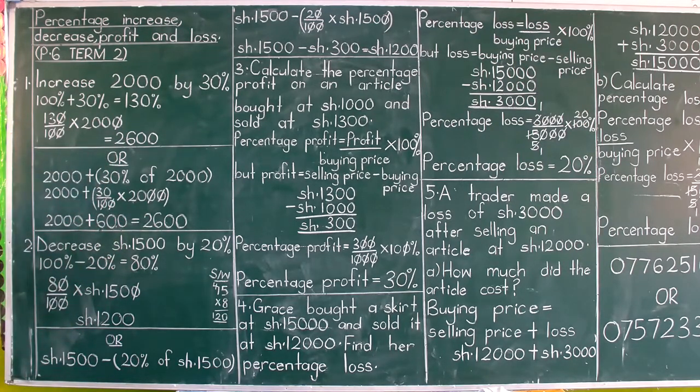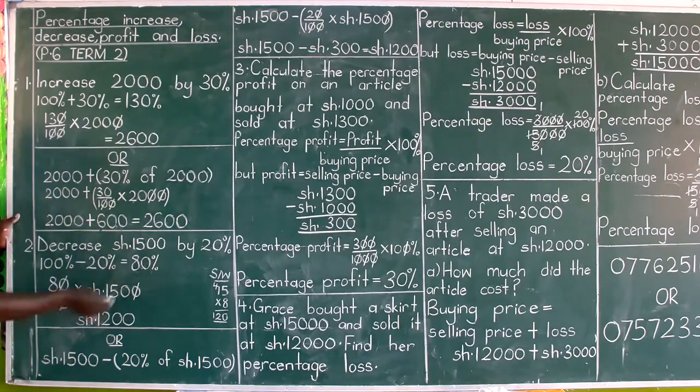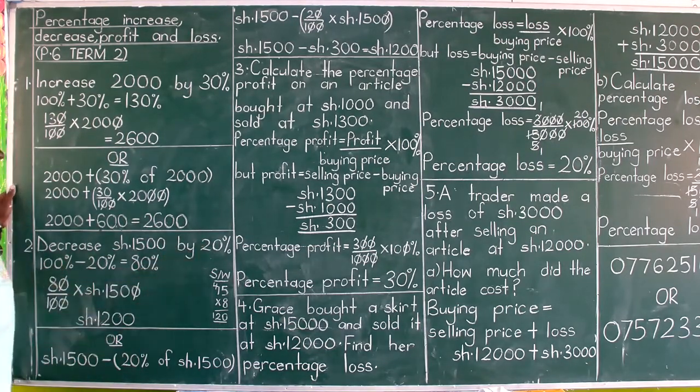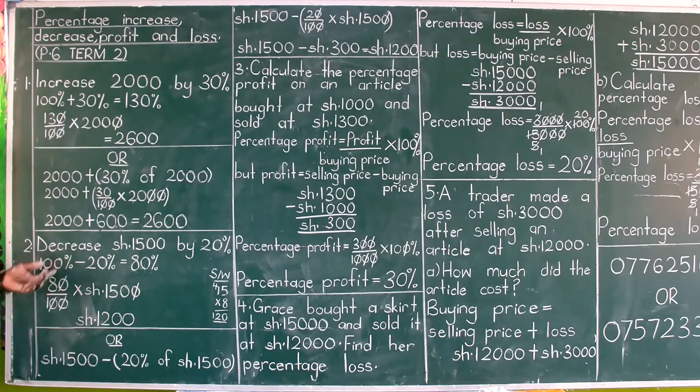So that's the way we deal with the increase, as opposed to number 2, which brings a decrease. Decrease 1,500 shillings by 20%. The opposite of increase is decrease. So here we expect a lower answer, a lessened amount than 1,500.